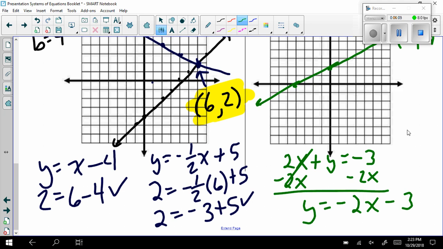Now I can plot my y-intercept of -3. Remember, my slope is -2. Put it over 1, so it's a fraction. Down 2 to the right 1, or up 2 to the left 1. Again, using a ruler to connect and extend through.